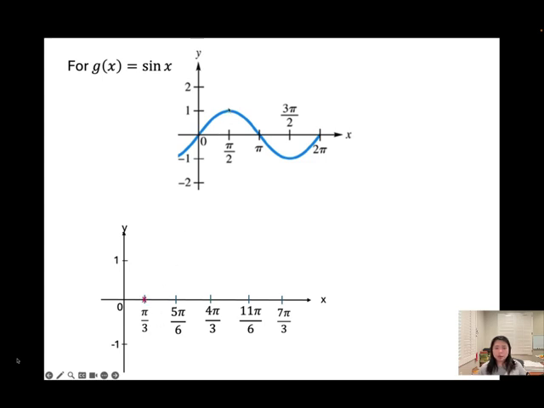This one, pi over 2 and 1, we shift to the right, pi over 3, which is 5 pi over 6. Do the same thing, the pi, you shift to 4 pi over 3. And this one, 3 pi over 2, -1, we shift to the right, pi over 3. Same idea for the last one.